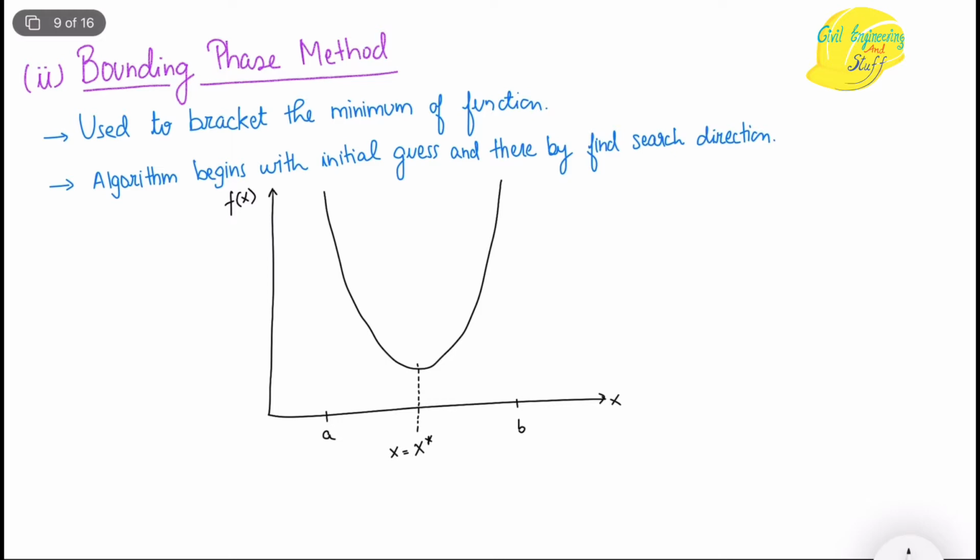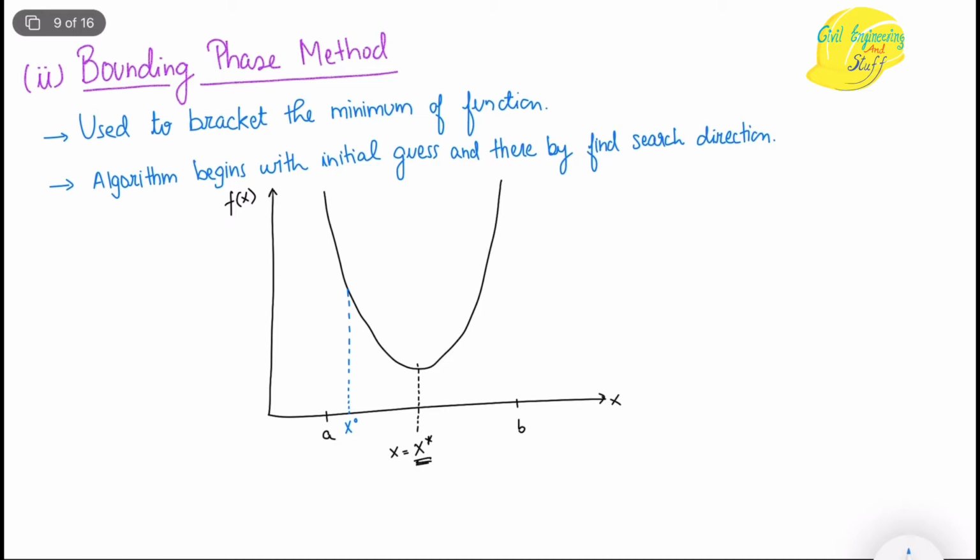To find the point which will give the minima of the function, in the bounding phase method we start with an initial guess. Let's say we take x equal to x naught.